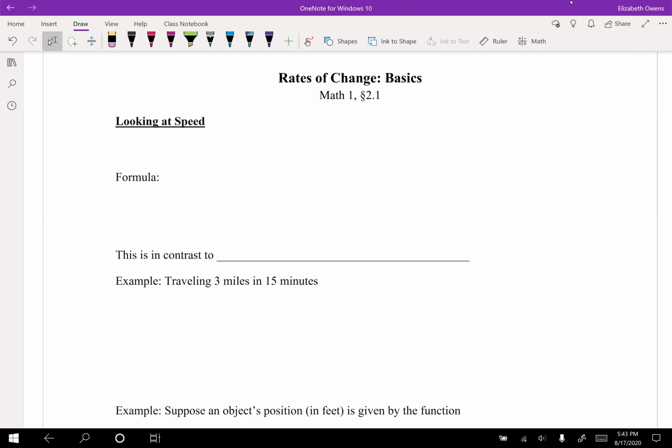So the formula that we're going to be looking at here is a formula for average speed over some period of time. The general idea here is that your average speed can be calculated by taking the distance traveled.